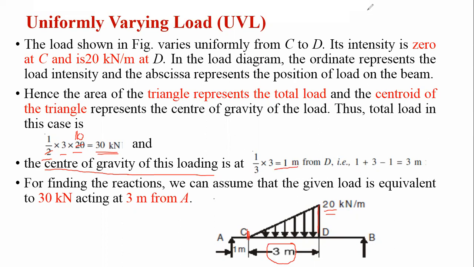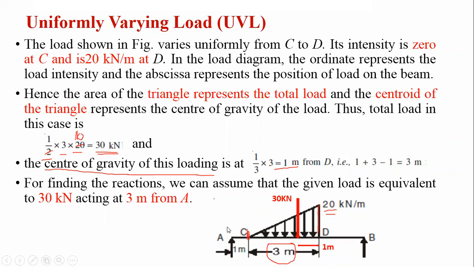Now if you see here, this 30 is the converted point load and the distance of 1 meter, that is 1/3 of 3. If you want to find this distance from the support A, what will happen? 1 plus 3 becomes 4, minus this 1 becomes 3.